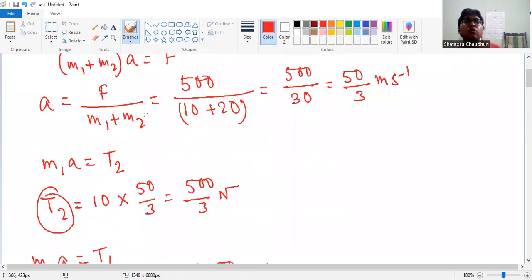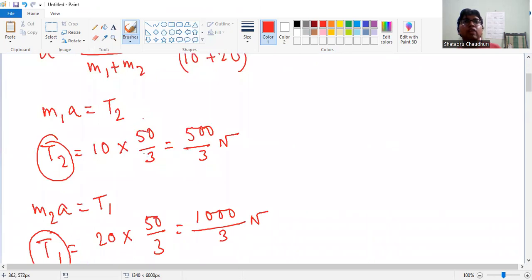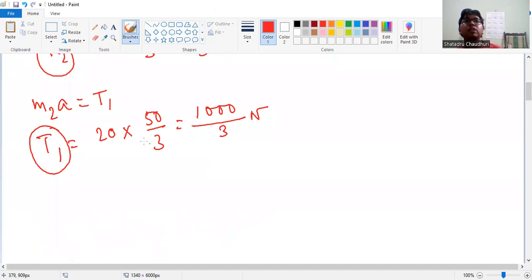And see the difference: on mass M1 a tension force of 500/3 Newton is acting, whereas on mass M2 a tension force of 1000/3 Newton is acting. So which readily defines that T1 is not equal to T2 in this case, and because T1 is not equal to T2, the whole object is actually moving.